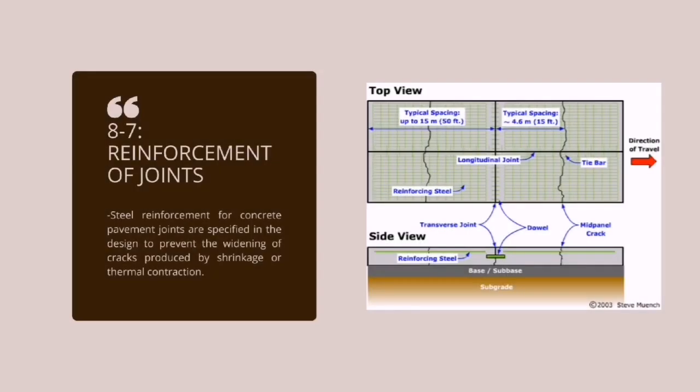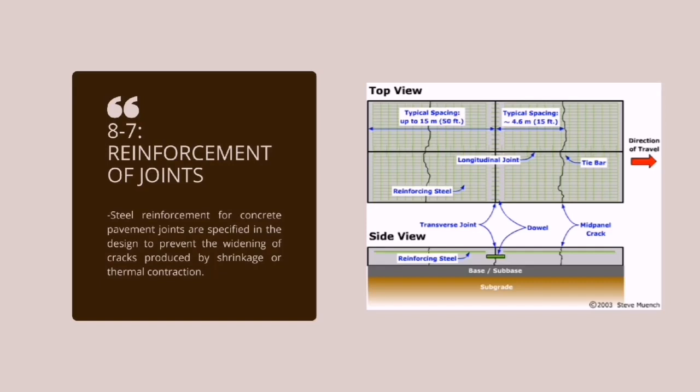Reinforcement of joints. Steel reinforcement for concrete pavement joints is specified in the design to prevent the widening of cracks produced by shrinkage or thermal contraction. The reinforcement holds the fractured faces in rigid contact, preserving the aggregate interlock and preventing the intrusion of dirt or water.